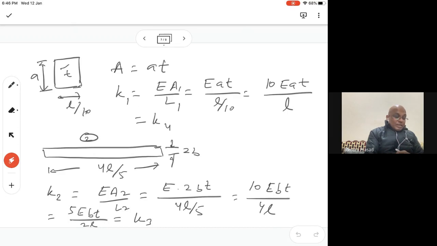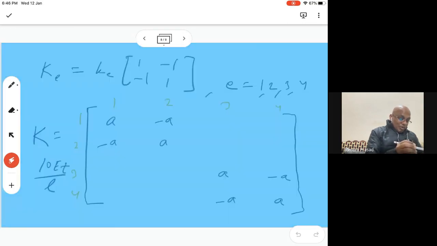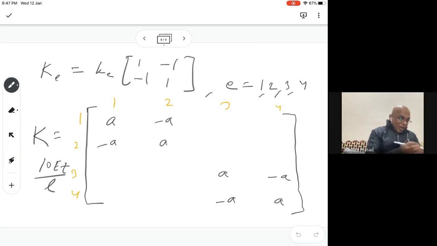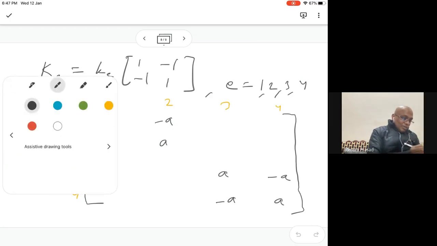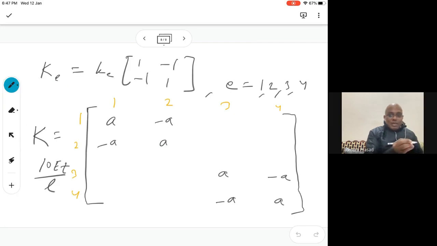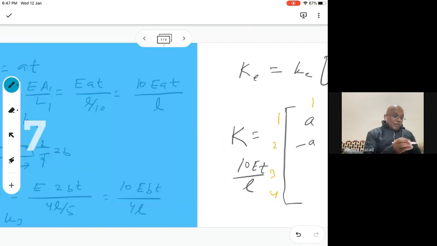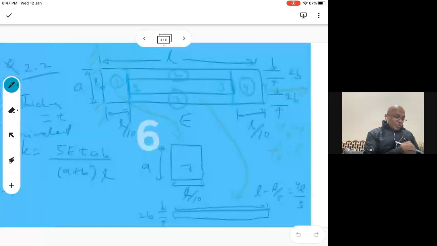In this case, our common becomes 10 E T over L. What remains here is B over 4. We will add them twice, no problem. So we will use B over 4, but that is between 2 and 3. So this becomes B over 4, minus B over 4, minus B over 4, plus B over 4, and that is for element number 2.